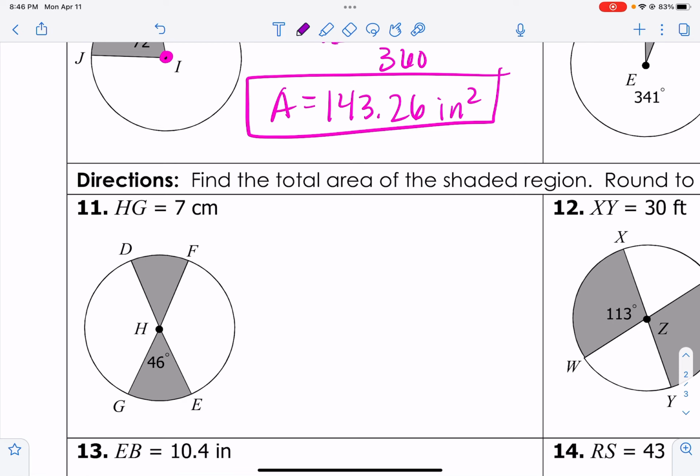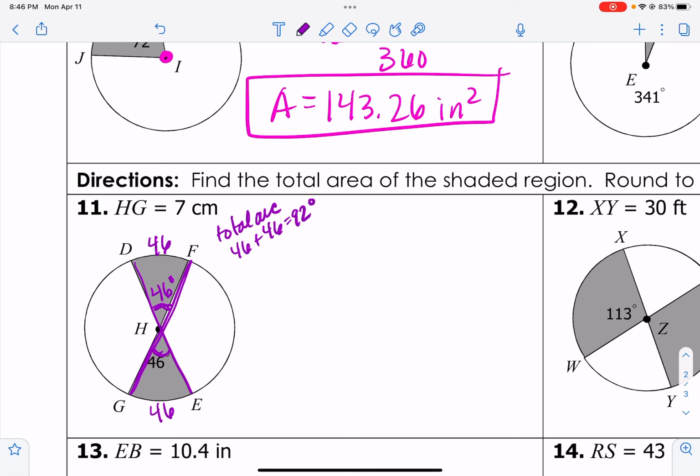But if you'll notice, what kind of angles are formed by these two intersecting lines? These are vertical angles, which means this is also 46 degrees. So that means my arc is 46 and this arc is 46. So technically, my total arc is 46 plus 46, which is 92 degrees.